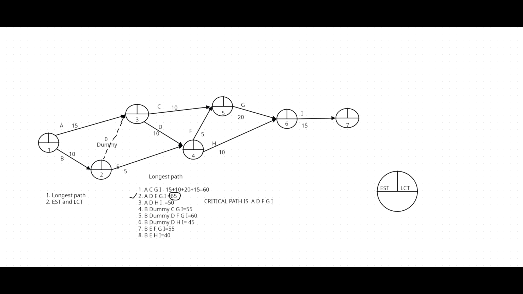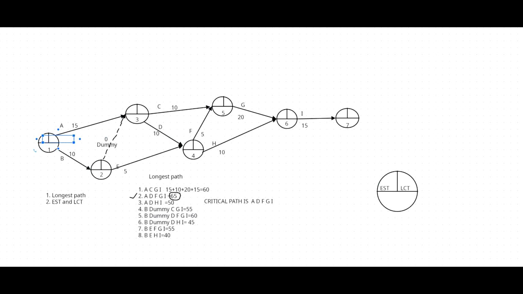You start from event number 1 and you need to add the activity duration to calculate the second event's earliest start time. The starting point, remember, the earliest starting time is 0. Why 0? The reason behind that is we just now start the project.